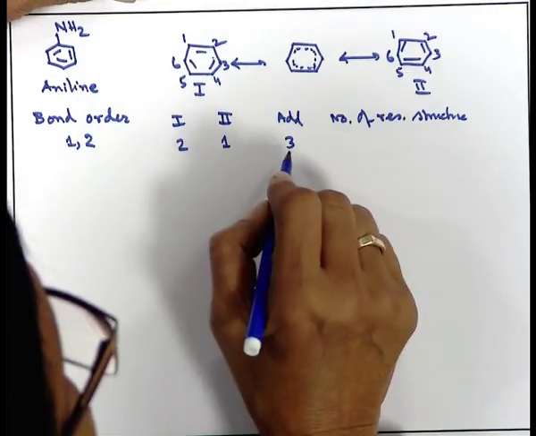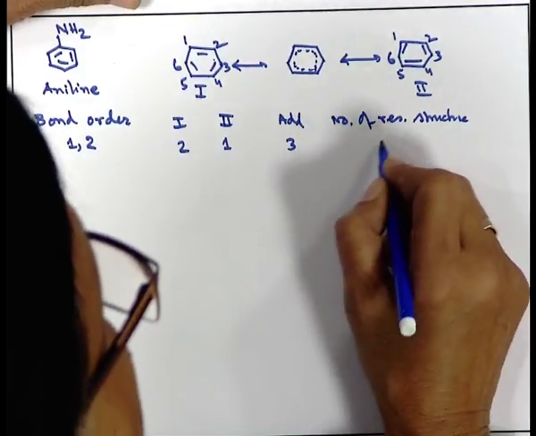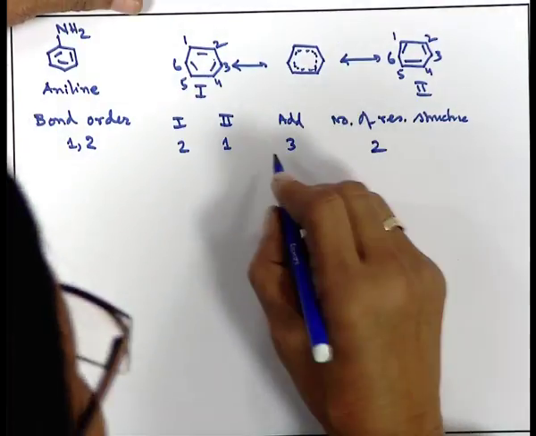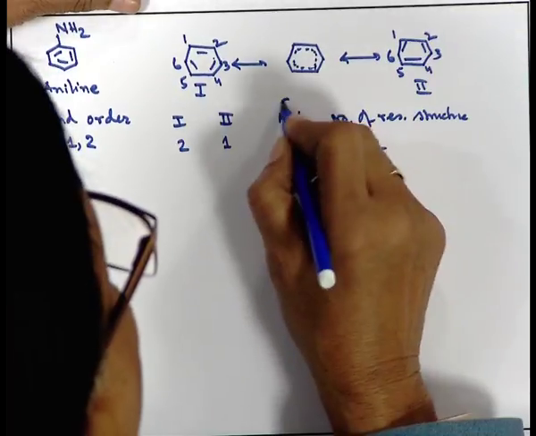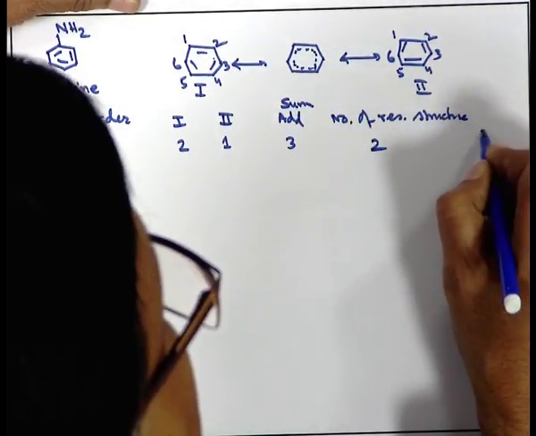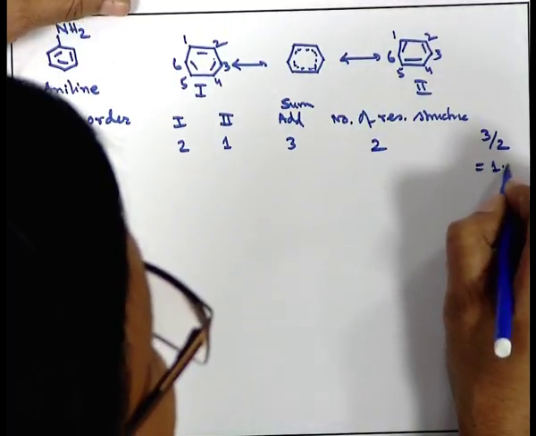I will explain that. So, the added sum is 3, and there are 2 resonating structures. So, divide the sum by the number of resonating structures, that is 3 by 2, that is the rule.